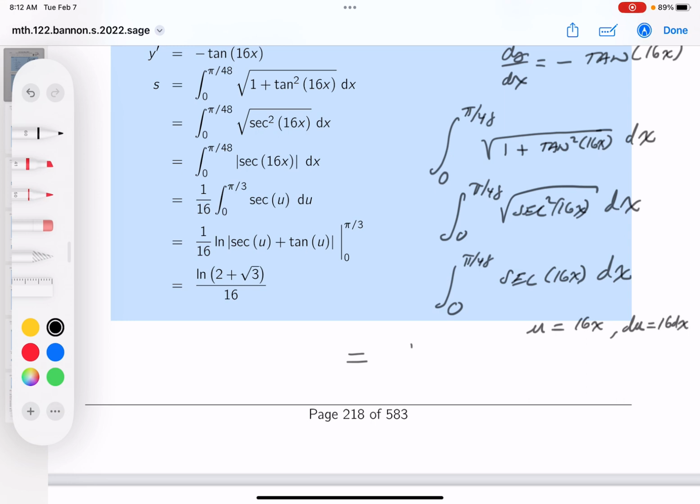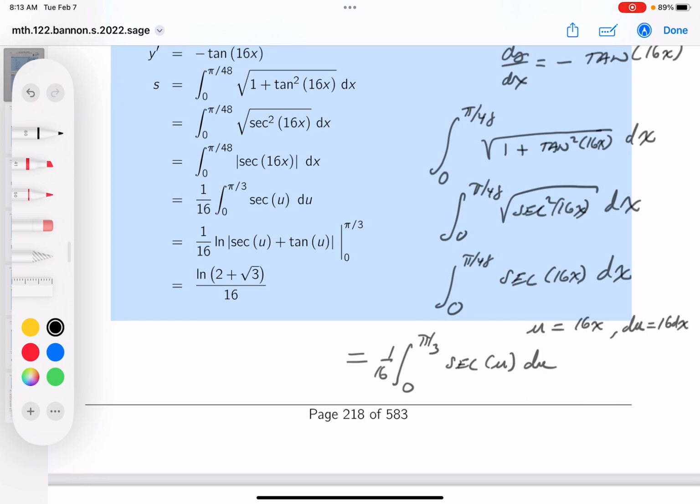So what do we get over here? Let's put this 0 down. Going to land of u's. If I put 16 over there, well, 16 times pi over 48, pi over 3. And then you're going to get secant of u. What's dx going to be? It's 1/16th of a du. Put this over here.